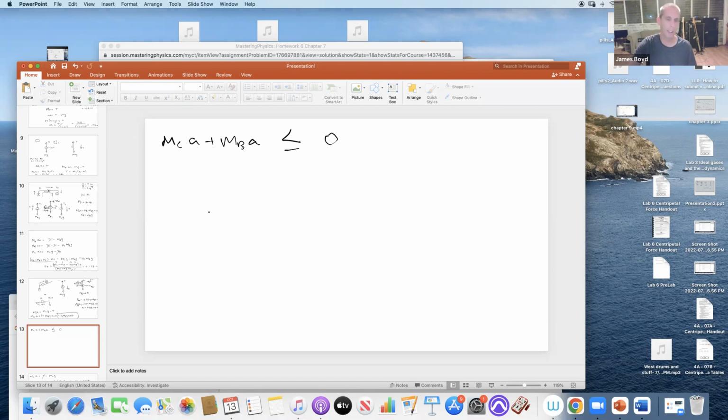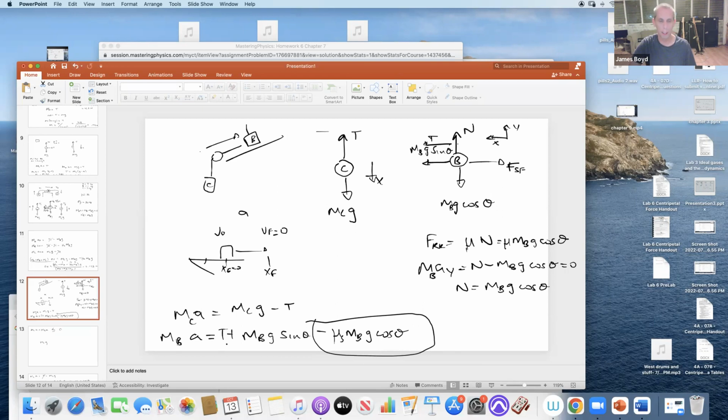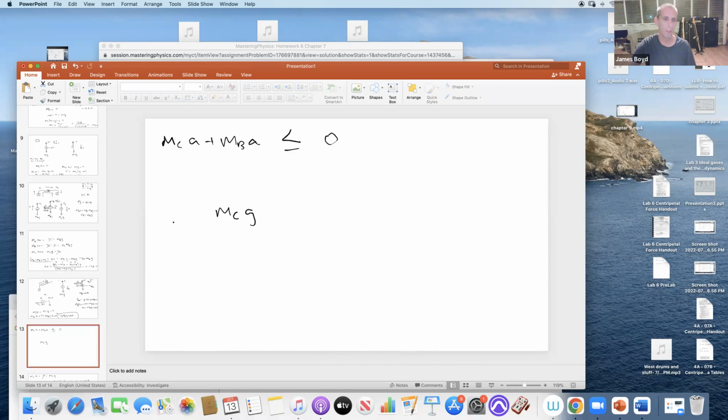And that side of the equation is m_c g minus T plus T, the T's go away. So m_c g plus m_b g sine theta minus mu_s m_b g cos theta.